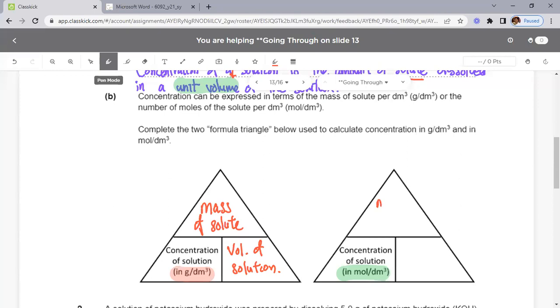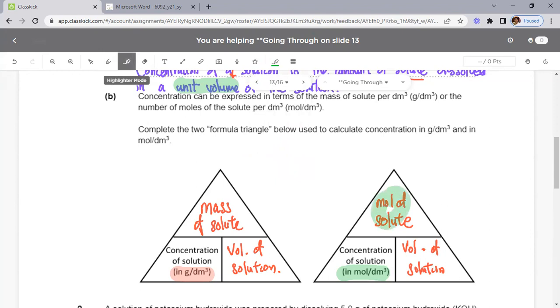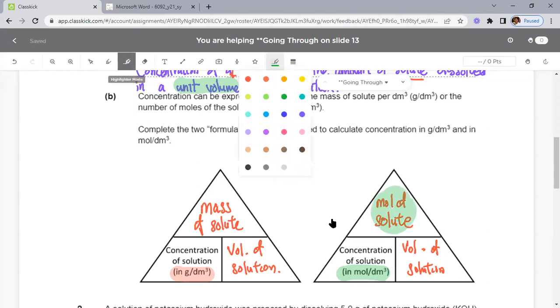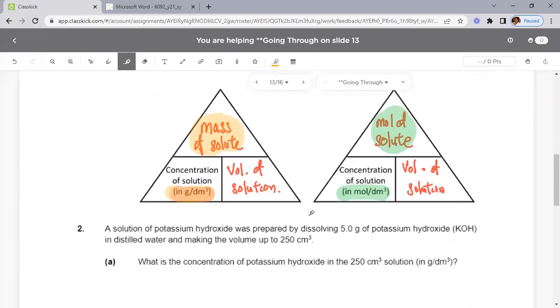At the top it will be the number of moles of the solute, and at the bottom, the volume of the solution. So the difference lies in the top: mole, whereas the other is mass, gram per dm cube. See the difference between the two triangles.